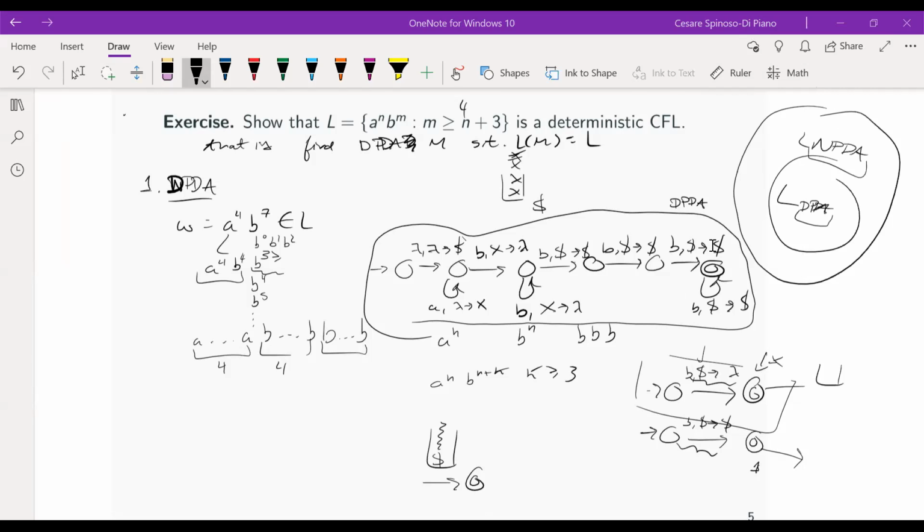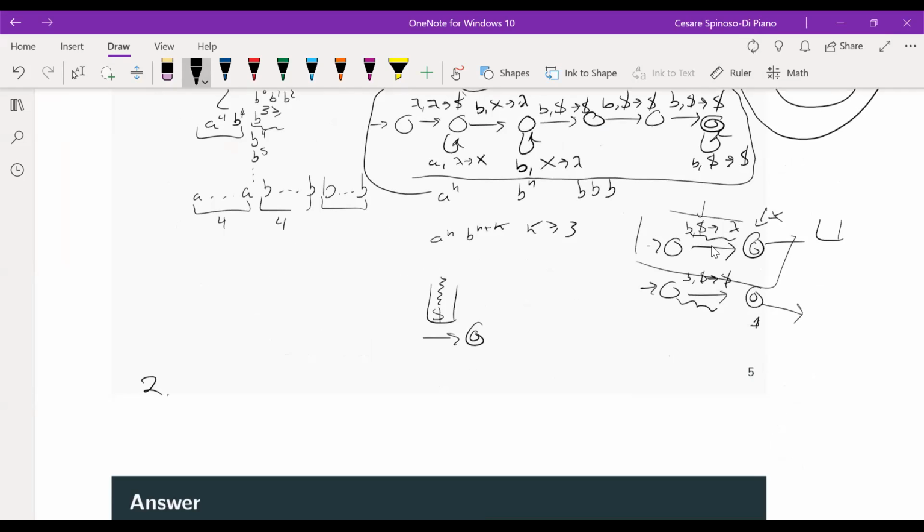So I won't do this in detail, but another way you could have done this, a^n b^m for m greater or equal to n plus 3, is you could have just started with 3 x's at the top of your stack, and then you would have done your a^n b^n stuff by pushing here and then popping here.